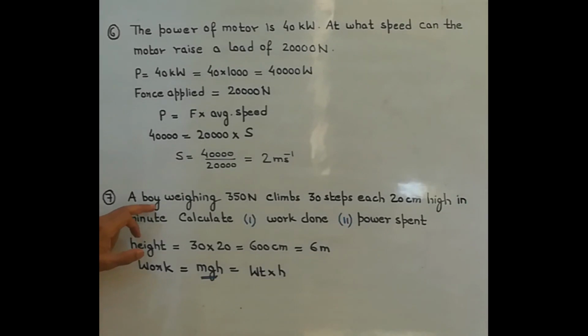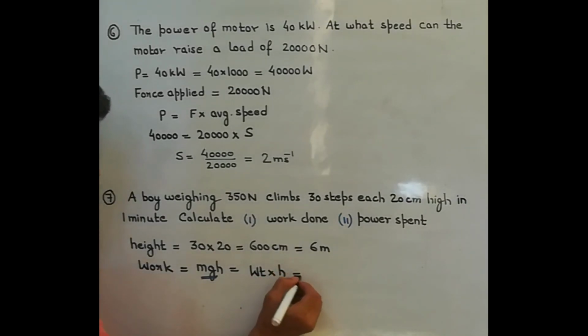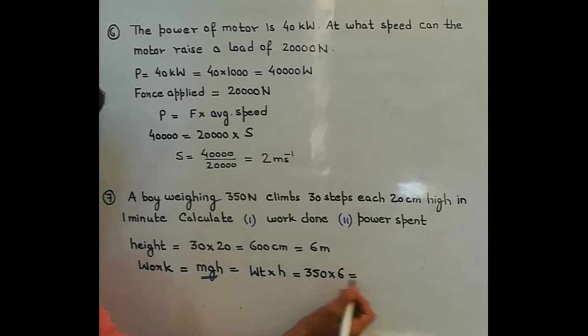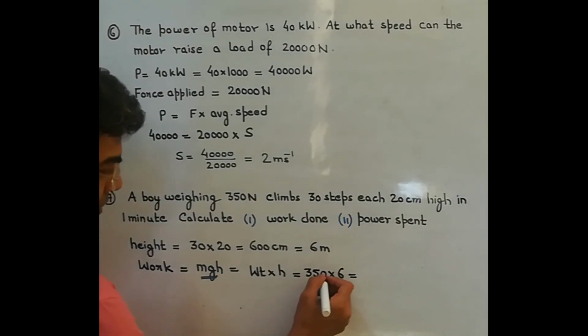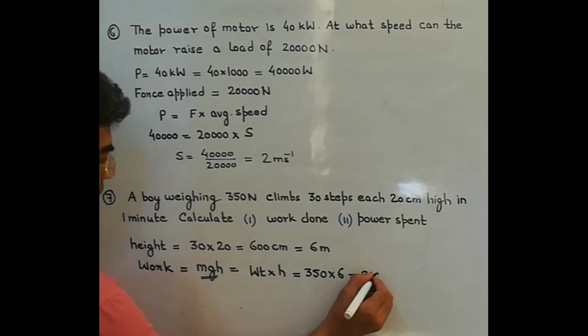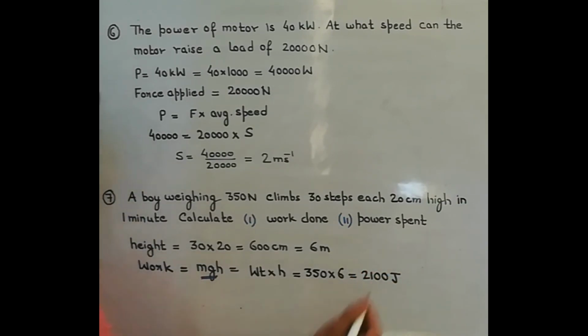So here, the boy is climbing upstairs, that means he is raising his body. And when a body is raised, then how much force do we have to apply? Force applied is equal to weight of the body. So how much is the weight of the boy? 350, and the height that he gains is 6. So the work done by him will be 2100, that is 2100 joule.